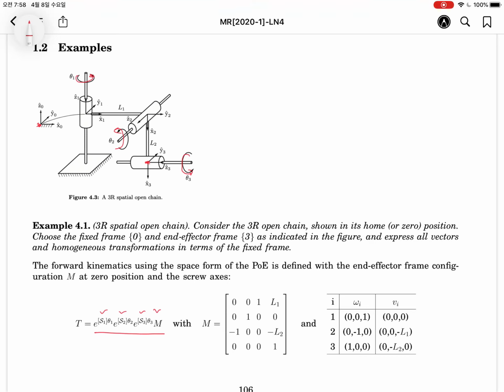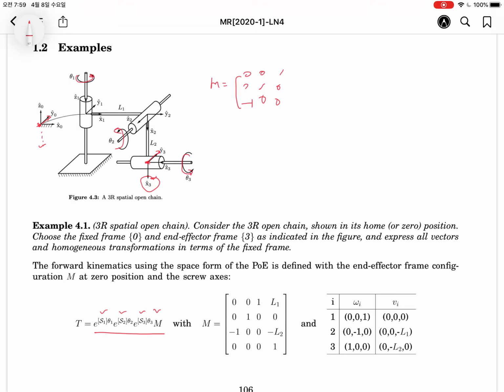So let's obtain M. The x-axis of the end effector corresponds to this one, so 0, 0, minus 1. The y-axis is the same as the y, so 0, 1, 0. The z-axis will be the x, so 1, 0, 0.